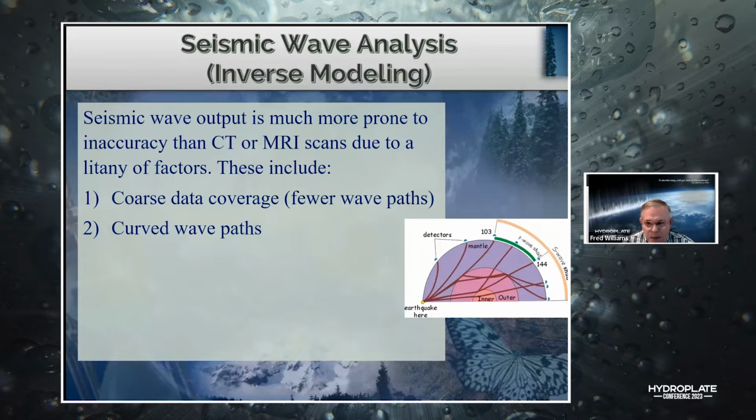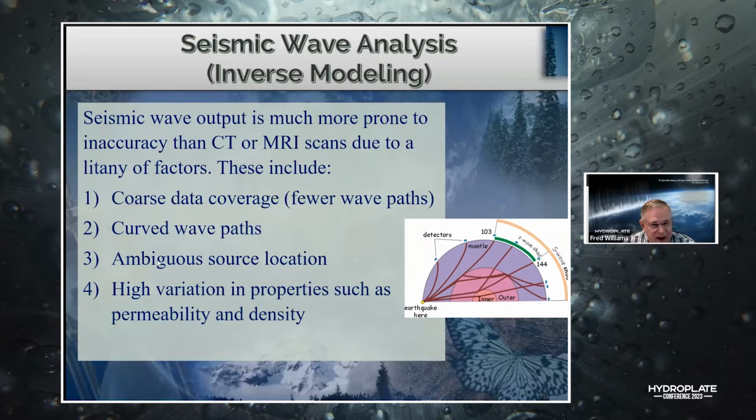The Earth's subsurface just isn't uniform. You've got ambiguous source location. Do we really know the exact location of where the earthquake occurred? That's part of the educated guesswork. There's high variation in properties such as permeability and density. And this will be a huge one that we're going to get into in more detail later: the limited model validation. That's pretty big.